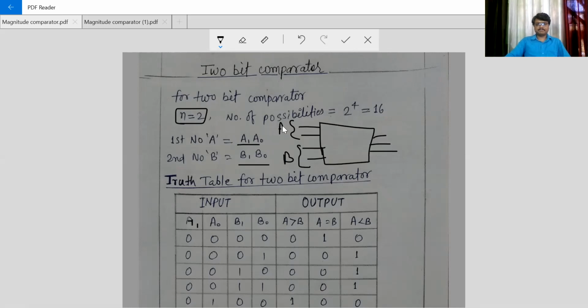So how many entries are possible in the truth table? 2 to the power 4 means 16. And if we take n equal to 3, the number of entries in the truth table will be 2 to the power 6, because the number of inputs will be 3 for A and 3 for B, so 6 possible inputs.